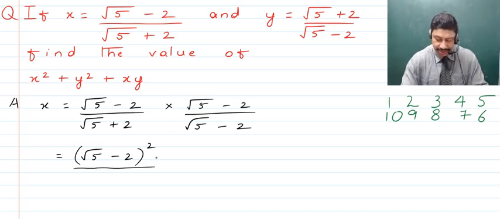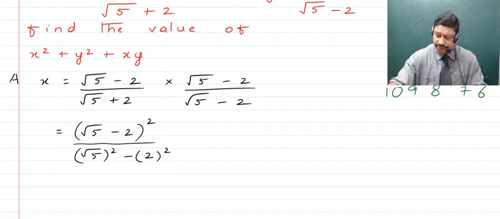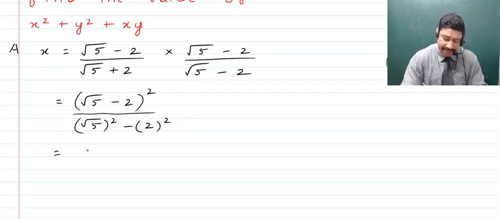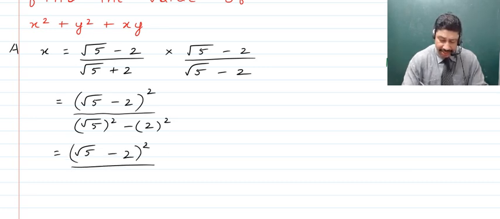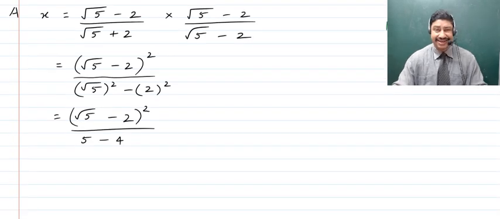And now in the denominator, we will have something like a plus b times a minus b, and we already know that that is going to become equal to a square minus b square. So children, to further simplify this, this becomes root 5 minus 2 whole square, and the denominator becomes root 5 square, that is 5, and 2 square, that is 4. So from 5 we subtract 4 to make it 1.